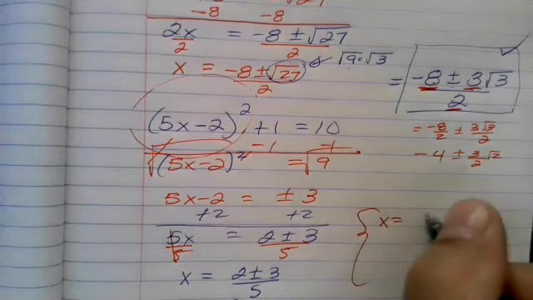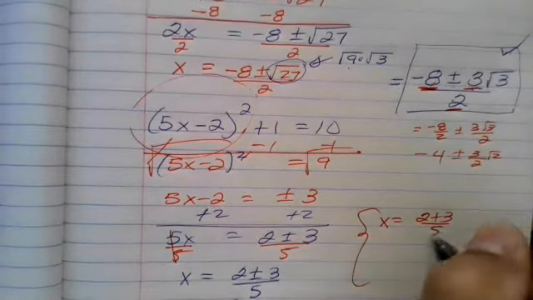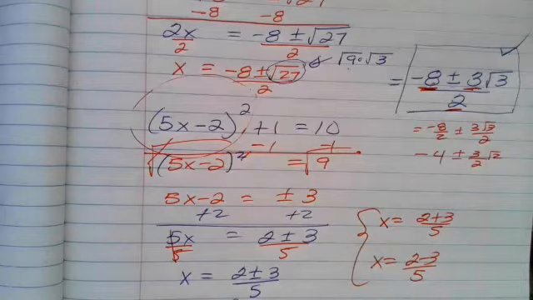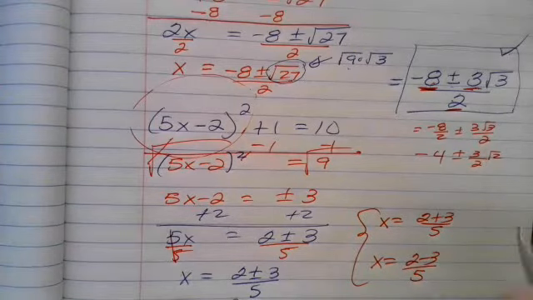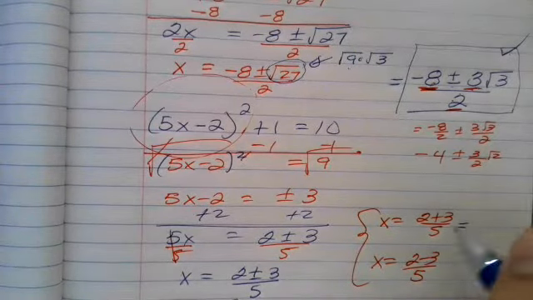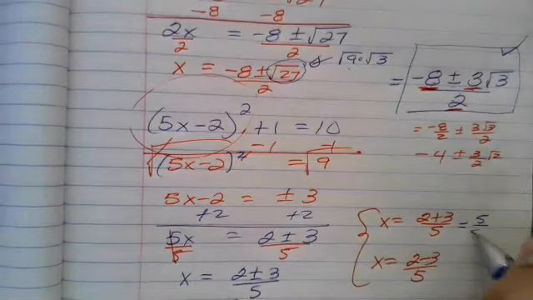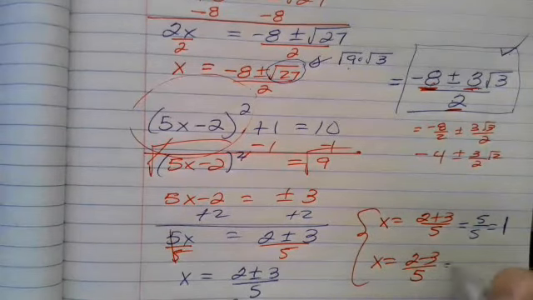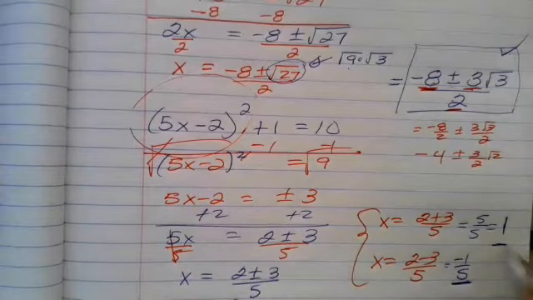I have x is equal to 2 plus 3 over 5, and I have x is equal to 2 minus 3 over 5. There's two answers to every one of these quadratics. So in this case, this looks like it's going to be 5 over 5, which is 1. And in this case, it looks like negative 1 over 5, which is negative 1/5.